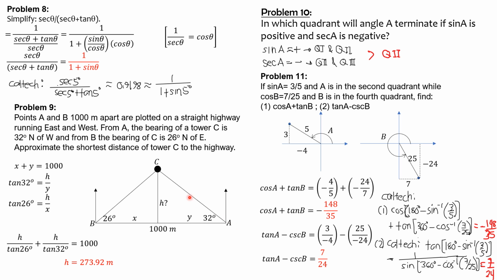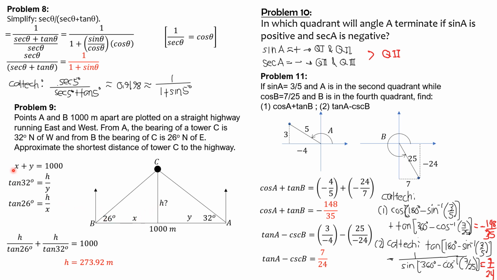So we form two right triangles. From the figure, I'll call these x and y. X plus y is 1,000. Tangent of 32 degrees is h over y, and tangent of 26 degrees is h over x.